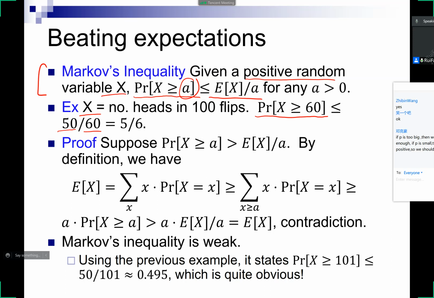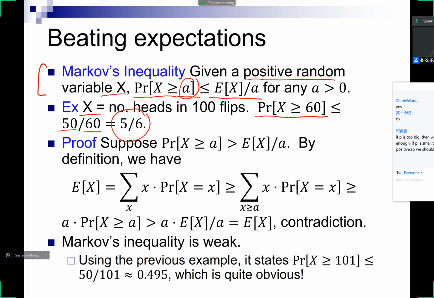By the way, this is a weak bound, because if you flip a fair coin 100 times, you have a pretty low probability of getting more than 60 heads. That probability is a lot less than 5/6. But because Markov's inequality is weak, it can only give you this very weak guarantee.